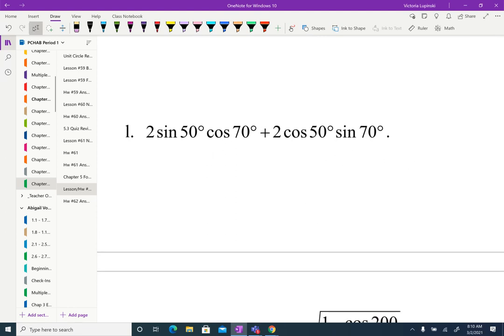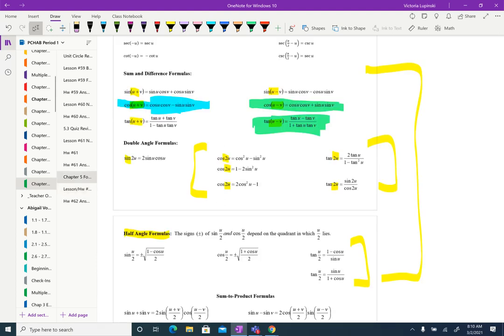So notice here on L, you have 2 sine 50 cos 70 plus 2 cos 50 sine 70. So you're going to very carefully take a look at your formula sheet. You are going to look for the formula that looks similar to that. What you notice is that there isn't one that looks exactly similar to that.